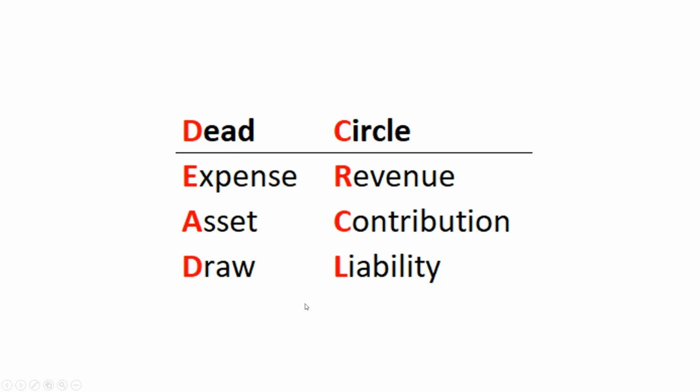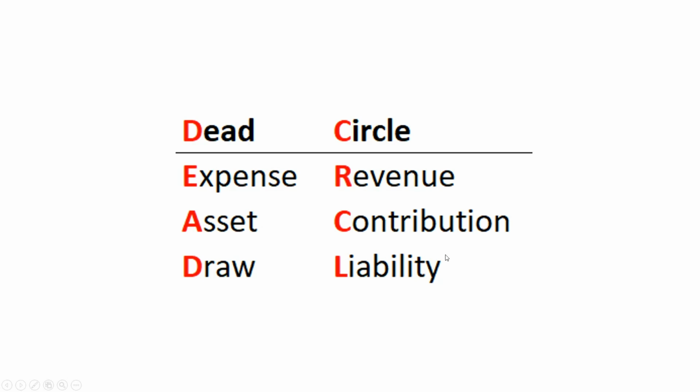If we remember our DEAD CLIC and we need to know the debit and credit, then we know cash is an asset, assets are under the DEAD, so they increase with a debit, and revenues are over here under the CLIC part of this mnemonic device, so it's going to be a credit increase. So we debit the cash asset, putting the amount on the left for that cash asset, and then we put the amount on the right for the credit part of the revenue.